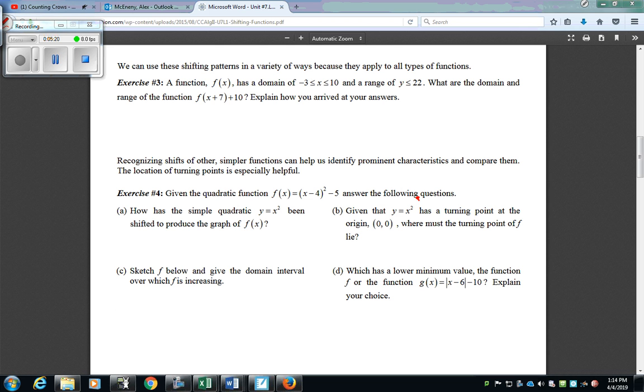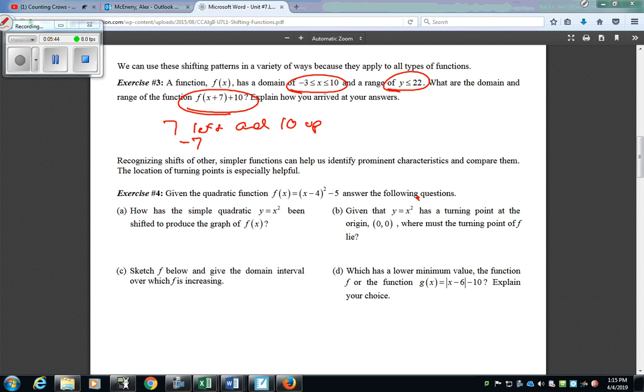Now, it says for 3, a function has a domain from -3 to 10, and a range where y is less than 22. And they want us to say what the domain and range are if we translate or shift those values. Again, that translation would be 7 left and 10 up. If we're talking about 7 left, that's going to be -7.